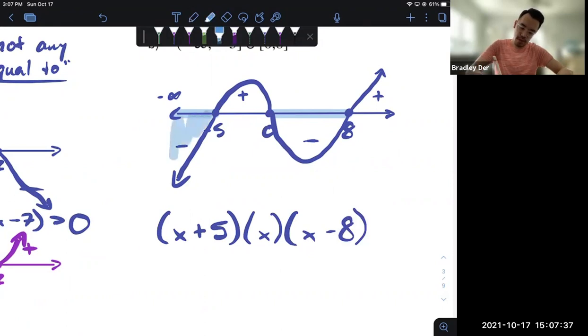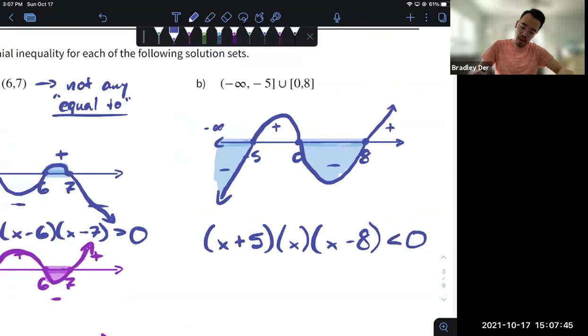These sections that we've highlighted before have y values that are less than 0, right? But notice that we used brackets, so we want to include these x-intercepts, meaning that this should be an inequality that is less than or equal to 0.